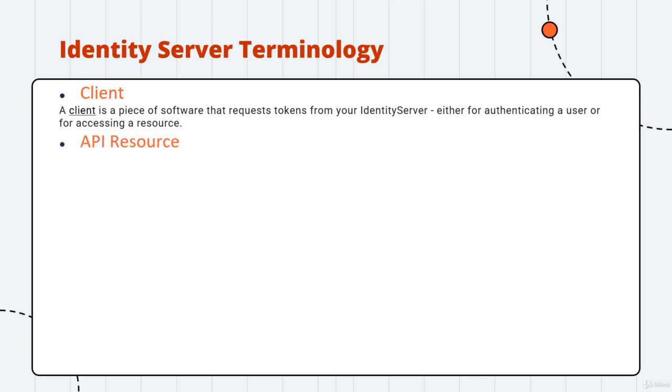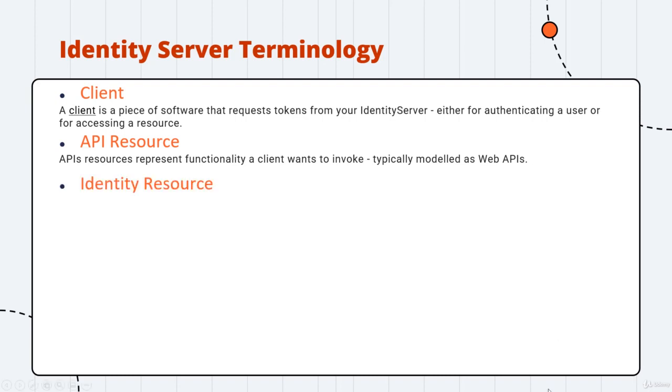The next thing that we have is an API resource. API resources represent a functionality a client wants to invoke, typically a web API, but not necessary. Resources in general is something that you want to protect with your identity server, and that is of two types. The first one that we just saw is the API resource, and the next one is identity resource.